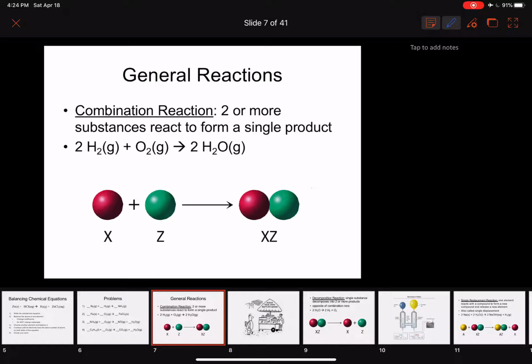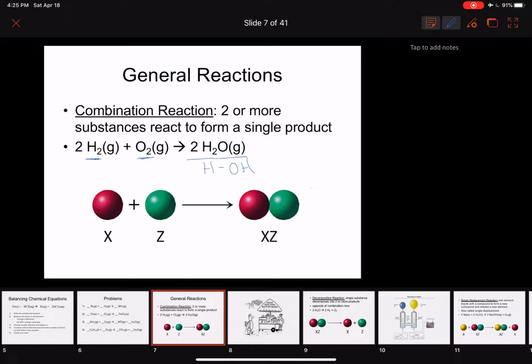So you can see with the example here, we take hydrogen and we react it with oxygen and we make water. Now the other way that you guys can write water is HOH. And that might help you when you're doing balancing equations to write water that way.